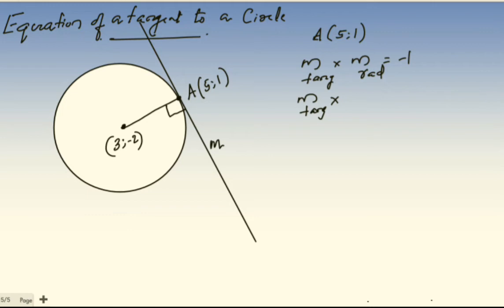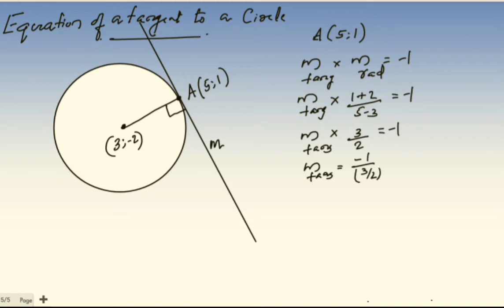That is the change in y, that is 1 minus minus 2, that is plus 2, divided by 5 minus 3, is equal to minus 1. Gradient of tangent times 3 divided by 2 is equal to minus 1. So gradient of tangent is equal to, divide both sides by 3 by 2, that is minus 1 divided by 3 by 2. So the answer is going to be minus 2 by 3.